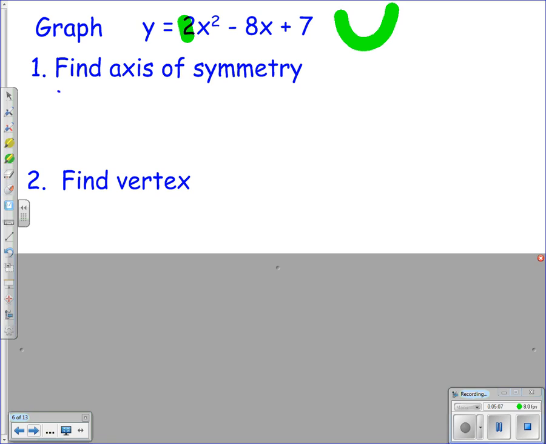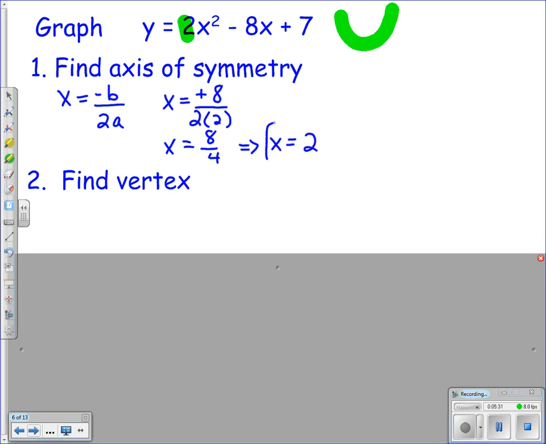Finding that axis of symmetry, again, x equals negative b over 2 times a. So I have x equals positive 8 this time, because my b is a negative 8, so the opposite of that is a positive 8, over 2 times 2, so that gives us x equals 8 divided by 4, which tells us that x is equal to a positive 2. There is our axis of symmetry to begin with.